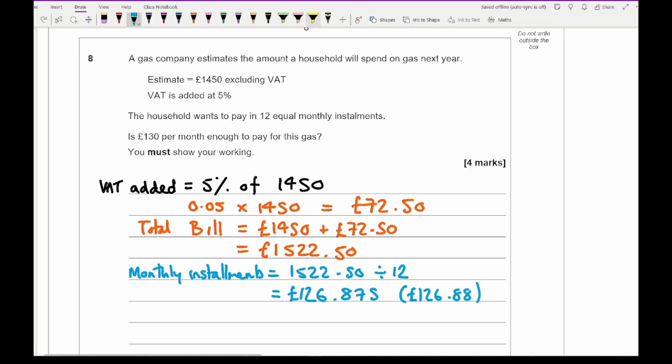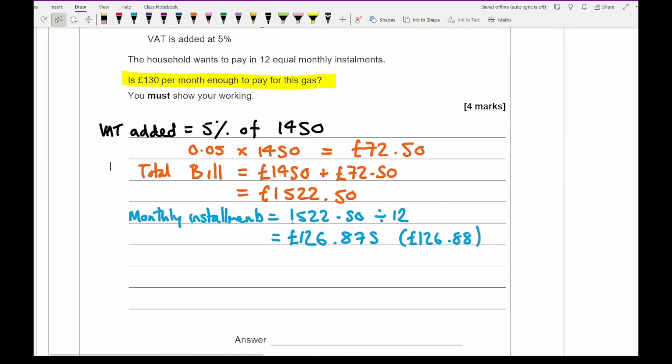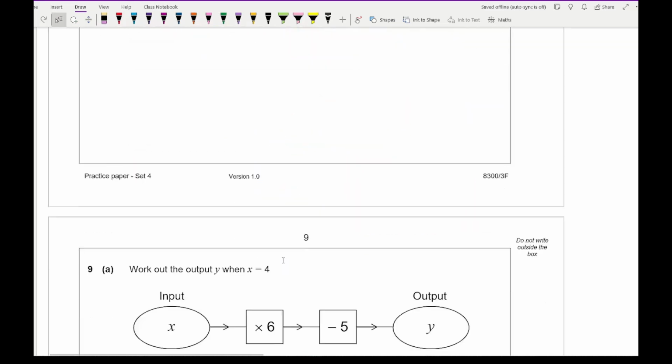Now the question's asking, and again it's really important that you read the question carefully: is £130 per month enough to pay for the gas? Well, the amount that the company is going to be wanting is 126, so the answer therefore is going to be yes. If you wanted to, you could say that £130 is greater than 126.88. But again, the answer of yes and that working out would suffice.